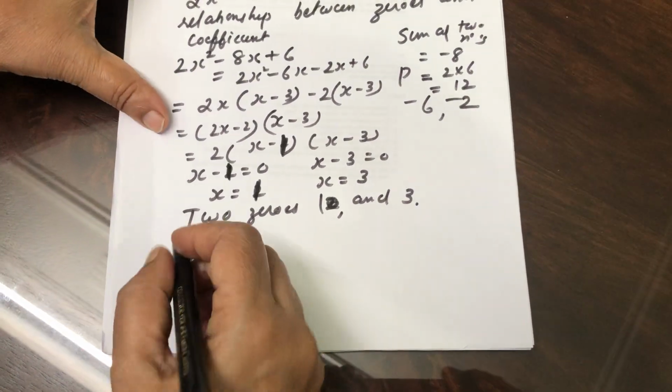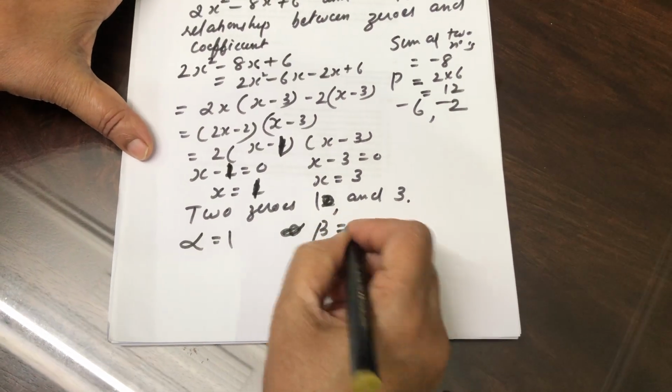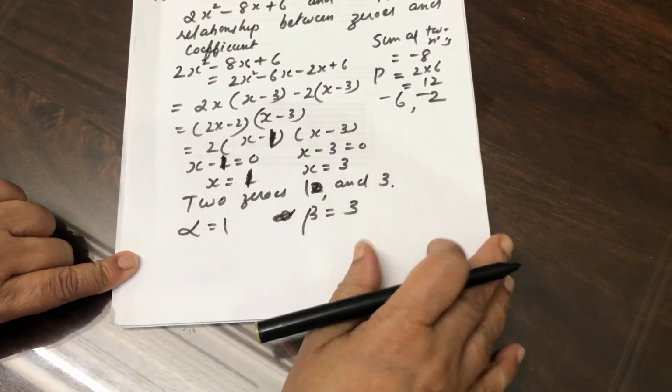So one zero I am taking as alpha, one zero I am taking as beta. Alpha is equal to 1 and beta is equal to 3.